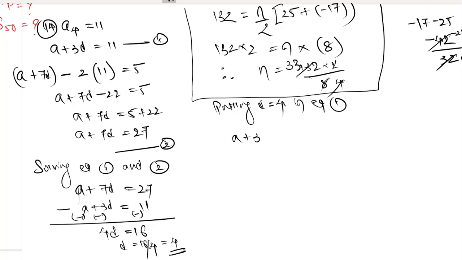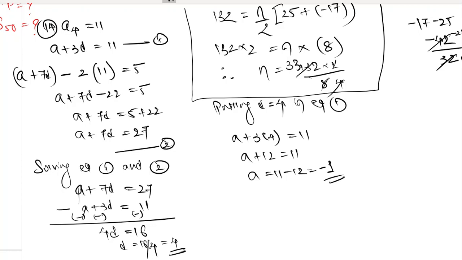So A plus 3 bracket 4 is equal to 11. So A plus 12 is equal to 11. So A is equal to 11 minus 12, that is minus 1. This is the first term, minus 1.